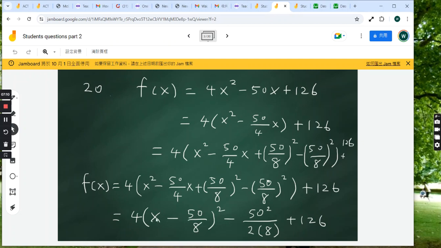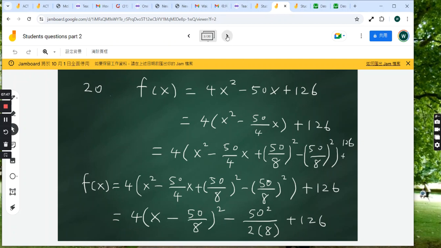You can check that on scratch paper: just focus on these, square that using the FOIL method, and see if you come up with exactly these three terms, so you know they're equivalent. This is already the vertex form. Now we need to clean this up, since this is the sum of two constants.